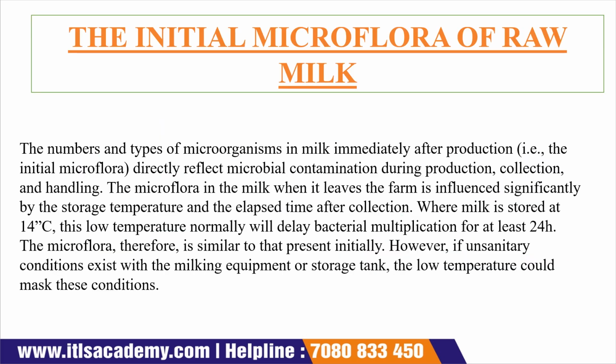Now the next one is the initial microflora of the milk. The number and the types of microorganisms in milk immediately after production is the initial flora. So when milk is produced, the number and type of microorganisms directly reflect the microbial contamination during production, collection, and handling.